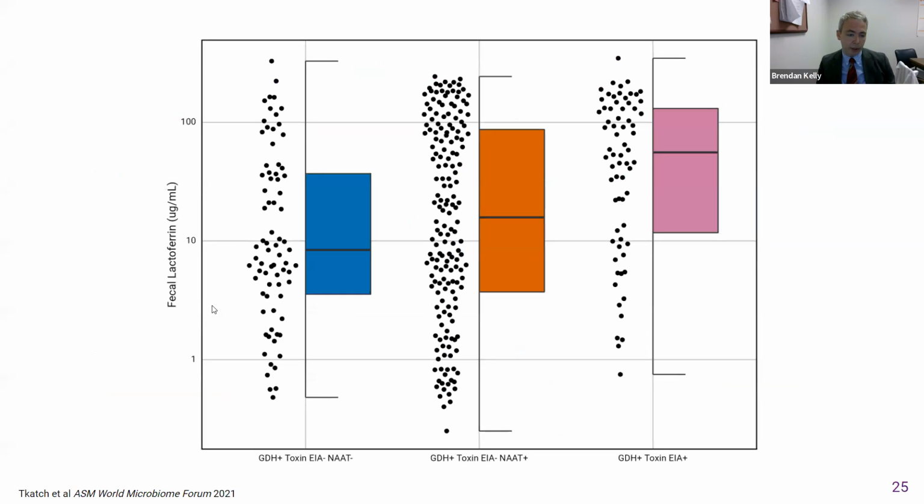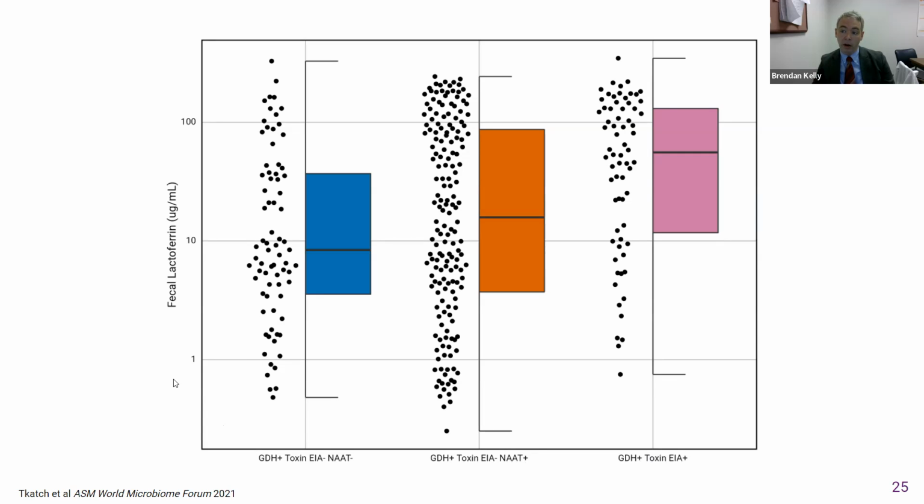There's a lot here, but just to drill down, one of the first things we looked at was how well clinical testing correlated with the fecal lactoferrin. Here you have on the far left just the GDH positive subset. Again, none of these subjects are negative, so they all have some marker of C. diff, whether it's just this non-specific GDH antigen, or the NAT, or the toxin EIA.